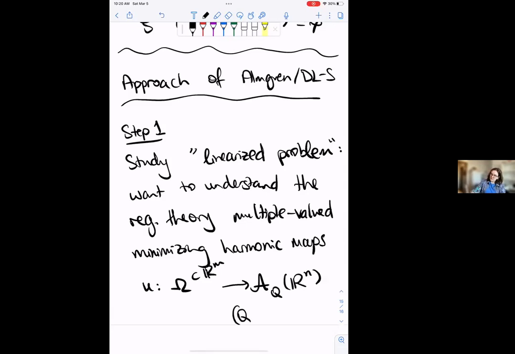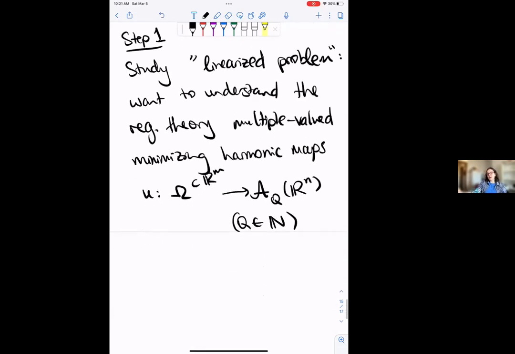Here Q is some arbitrary fixed natural number. So what are these Q-valued maps? Well, they take values in the space of unordered Q-tuples. So they look like u(x) is P, which is an ordered Q-tuple of vectors.